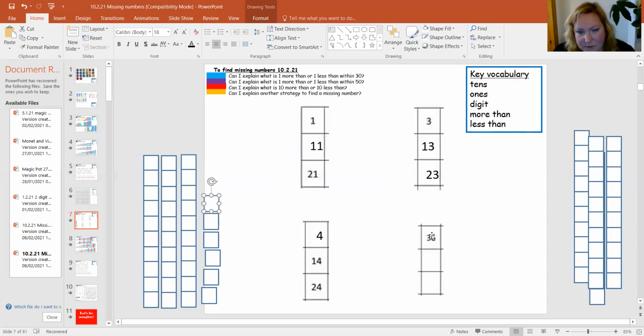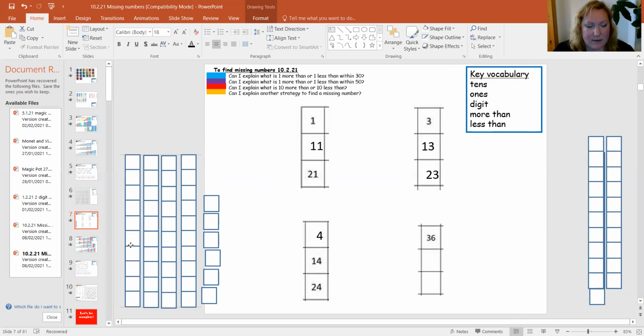Okay, so now I need to do 10 more than 36. 10, 20, 30, 46. Of course it is. 46. And then to work out this, I do another 10 more.